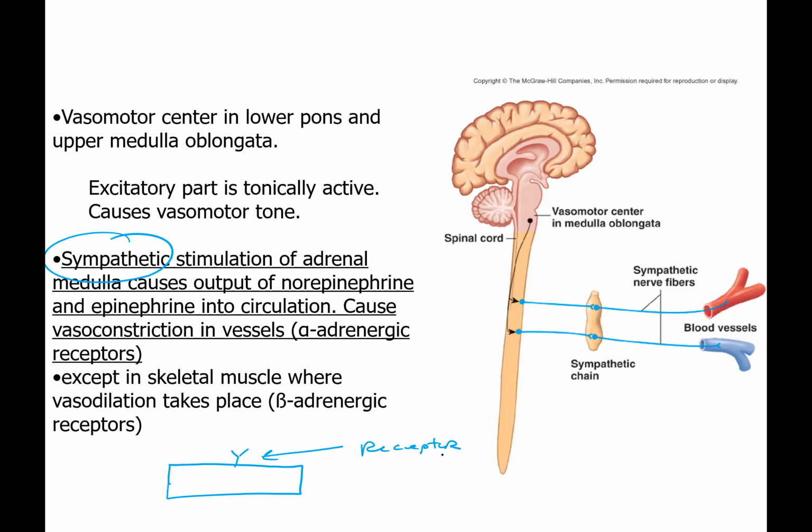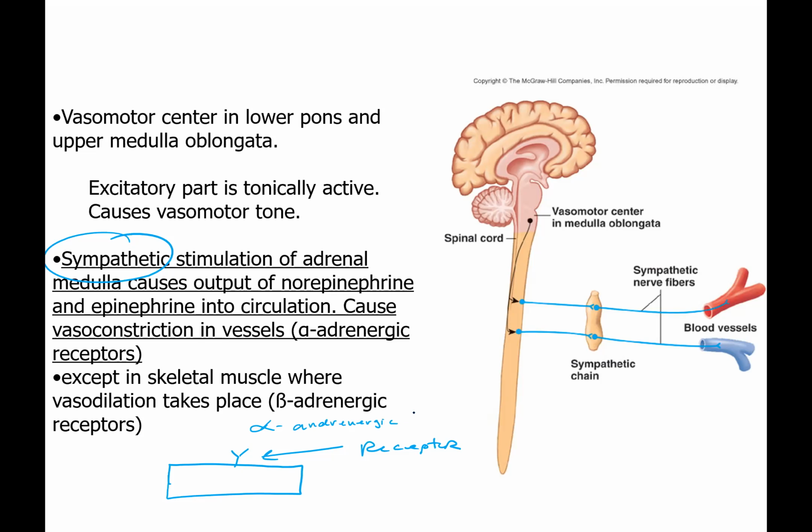And this receptor happens to be an alpha adrenergic receptor.